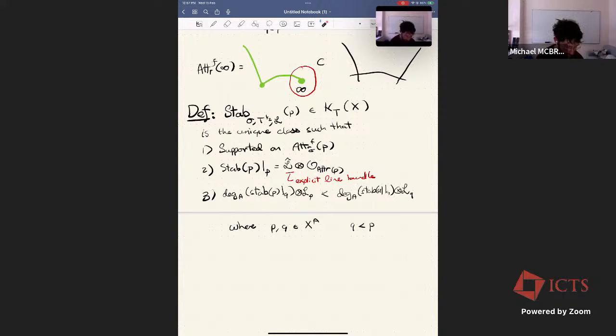In English, it's saying that the degree is kind of small when restricted to these downslope components. And the point is that there's a unique way to extend this particular twist of the attracting sheaf in such a way that the degree upon restriction to downslope components remains small.